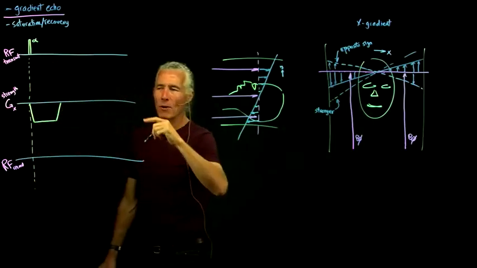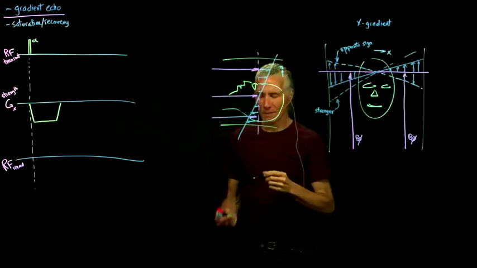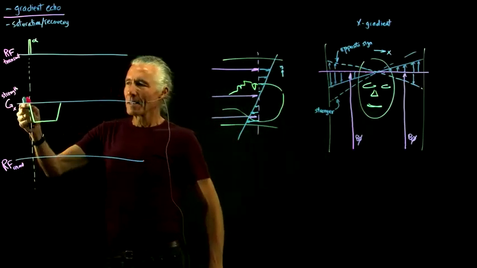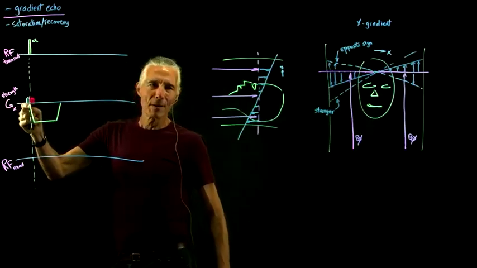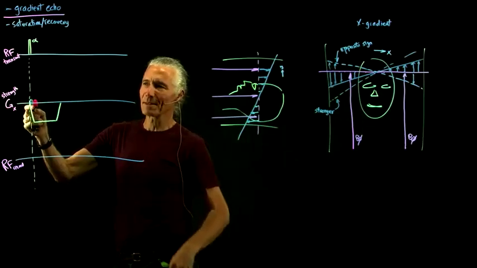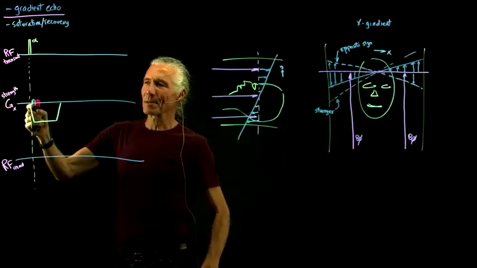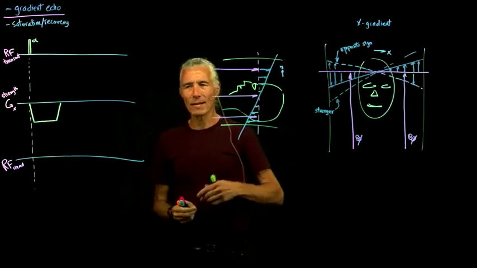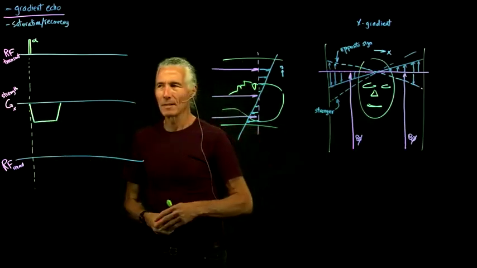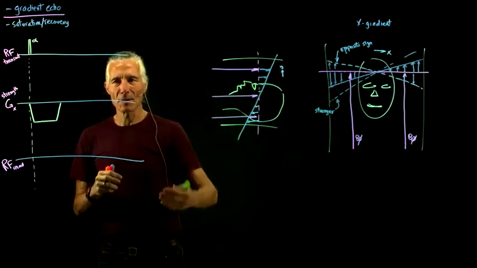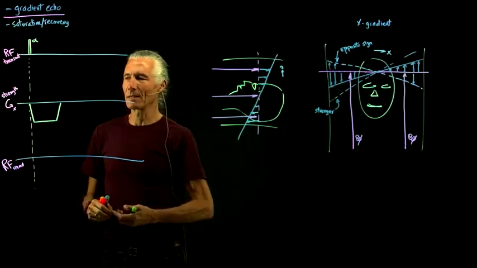And it's always drawn as a trapezoid, and what's the reason for that? If you suddenly turn the gradient on, super suddenly, what's going to happen? We know from some of the equations a couple lectures ago that if you suddenly change the magnetic field, that causes a current. And vice versa, if you have a current, that will cause the magnetic field to change.